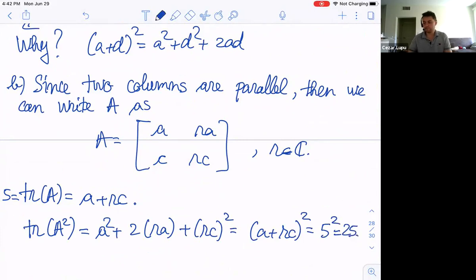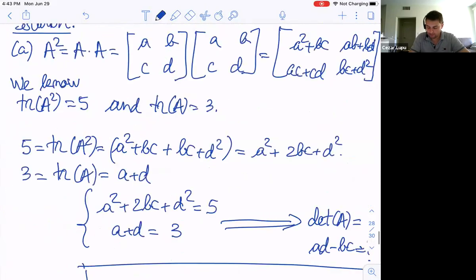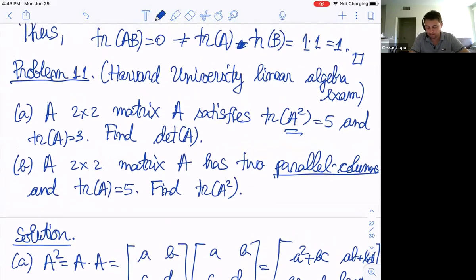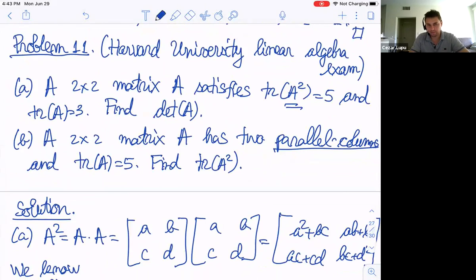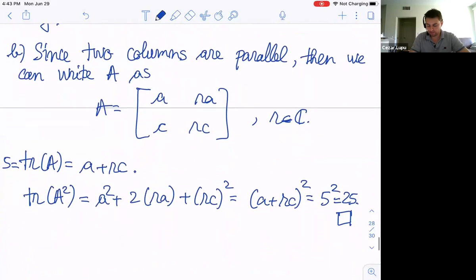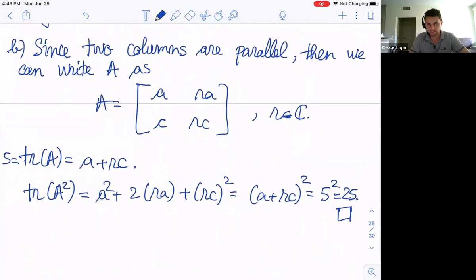So that's it. So we're using part A, where we derived the formula for trace of A squared. That was a problem given at the Harvard University final exam, probably. Probably I'll get back to this problem and you will see a more direct way of how to solve it using eigenvalues. It's like 1 or 2 lines, but even with this method, it's not hard at all. It's not complicated at all.